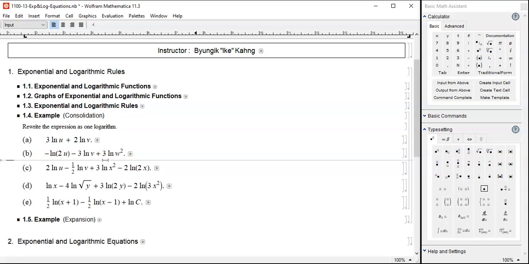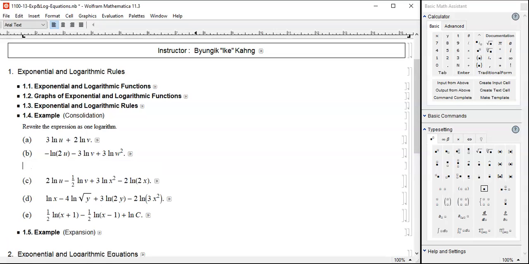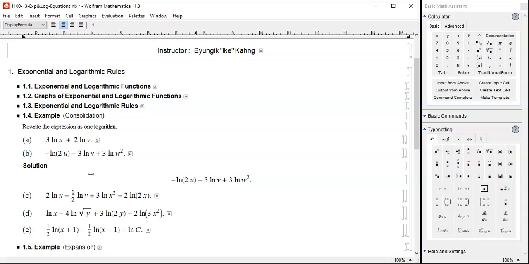Okay, how about the next problem here? Okay, we can use rule number 3 before anything. So negative log of 2u, okay, that was there before.